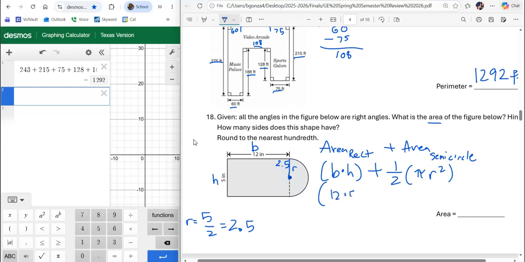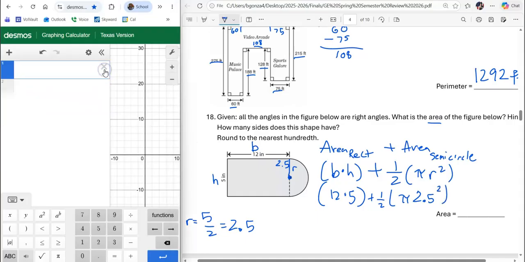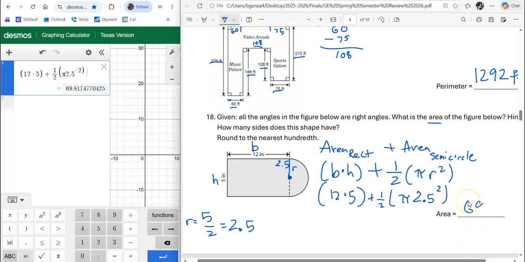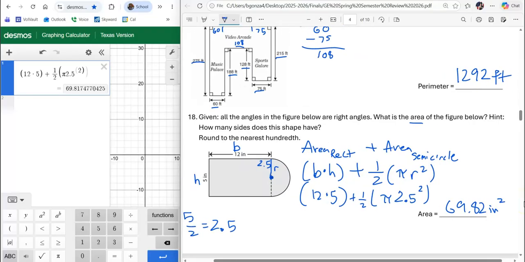So 12 times 5 plus 1/2 pi 2.5 squared. All right. So the nearest hundredth, the 7 makes it go up to 2, 69.82 inches squared, because it is area. Cool.